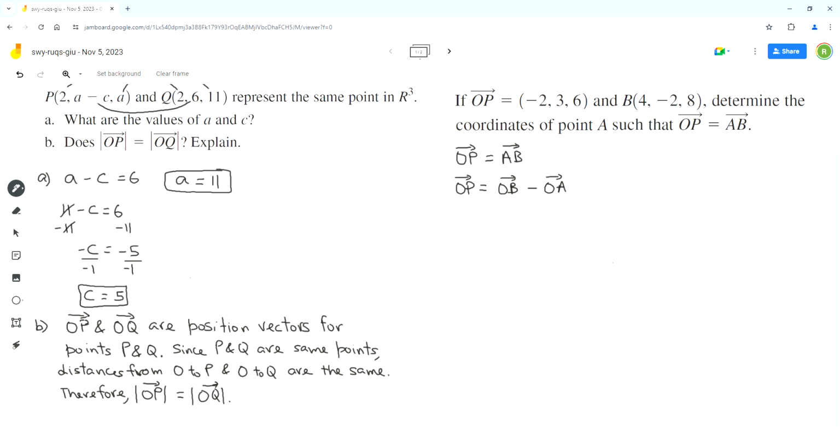You always start with the position vector of the second letter in the vector minus the position vector of the first letter in the vector. So like this.